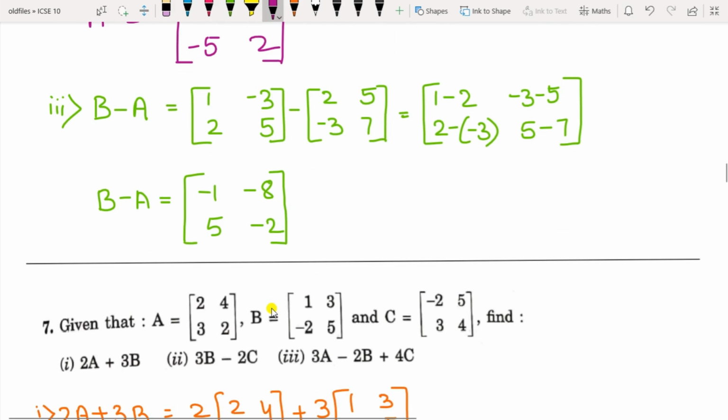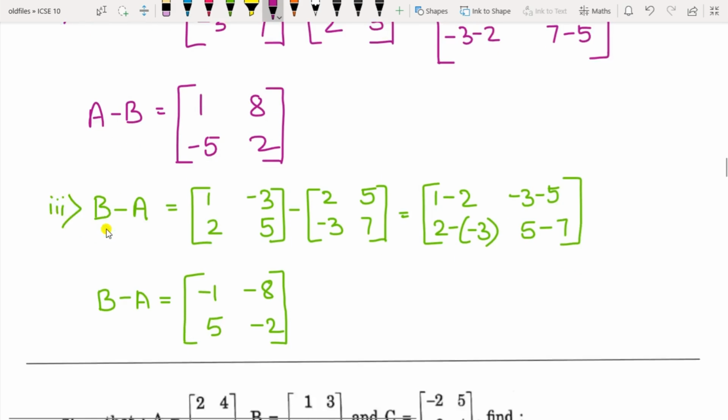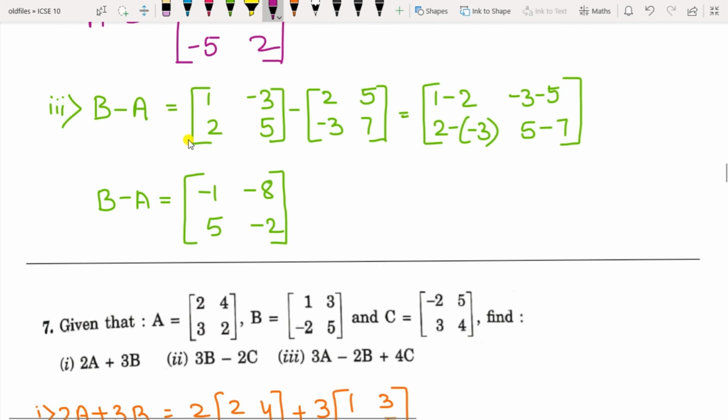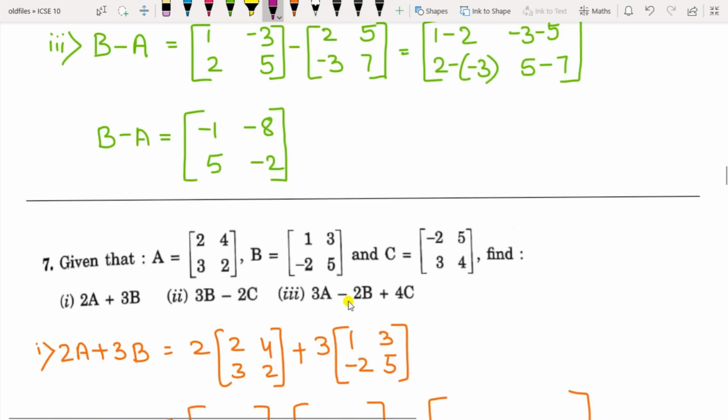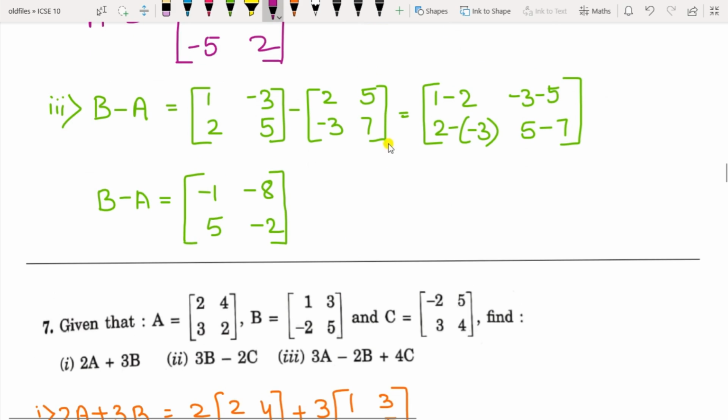While doing subtraction or addition, you have to see which matrix is written first. Here in the second question it was A minus B, now here it is B minus A. So you have to write the B matrix first and then the A matrix. Same thing, do the subtraction of the corresponding elements and you get this result.